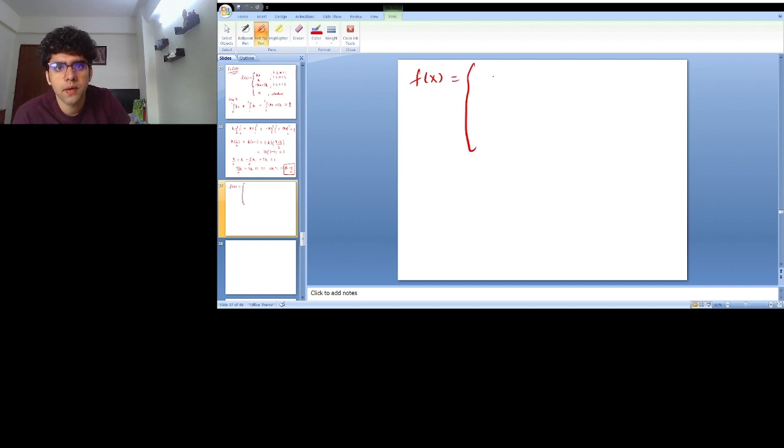So what I'll be getting is, my PDF was kx for x lying between 0 and 1, so this becomes half of x for x lying between 0 and 1, and k for x lying between 1 and 2.